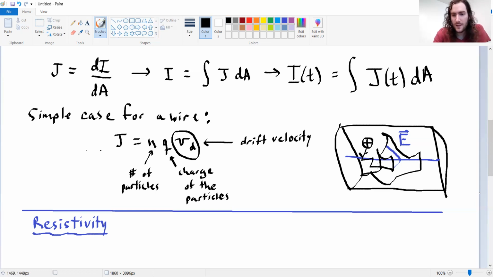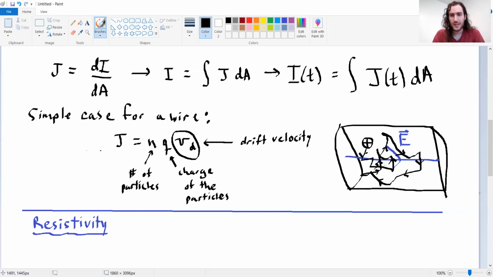And that random motion is due to collisions with all of the neighboring charged particles in its vicinity. So other positively charged or negatively charged particles are kind of interacting with each other in this wire, kind of moving around and bumping into each other, so to speak.